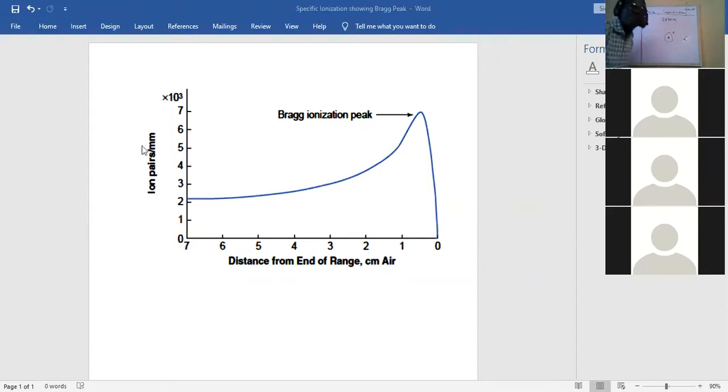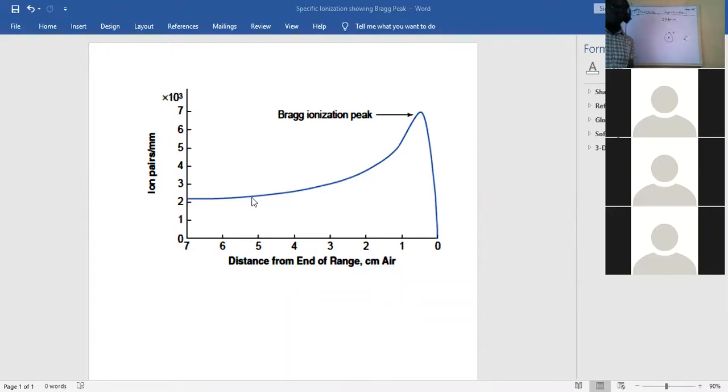So as the charged particle enters the proximity of the nucleus, it begins to travel slowly. As it is traveling slowly, it is interacting with the orbital electrons.